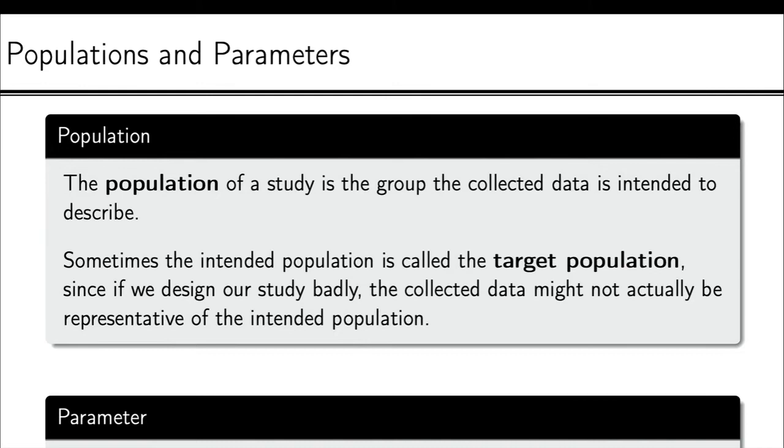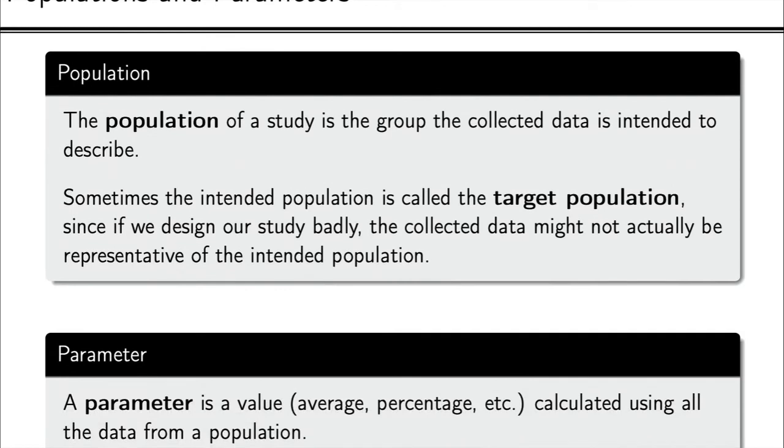Or maybe I would like to know something about first-time mothers. And so I go to a hospital and find women that have just given birth for the first time, or go to an adoption agency and find the people that have adopted for the first time. Then my population would be the group of first-time mothers, and of course I collect data about first-time mothers from those that I can find. So that's what a population is. It's the group we're trying to describe.